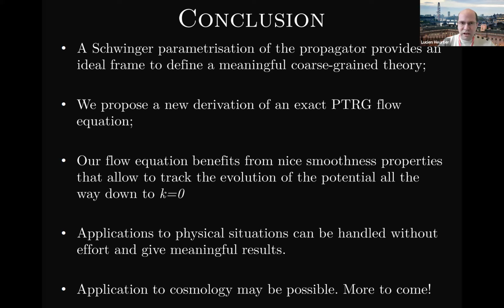It is not relying on any perturbative expansion. It is an exact equation. And it benefits from this smoothness property, that you're not hitting any pole when you are running down your theory all the way down to k equals 0.